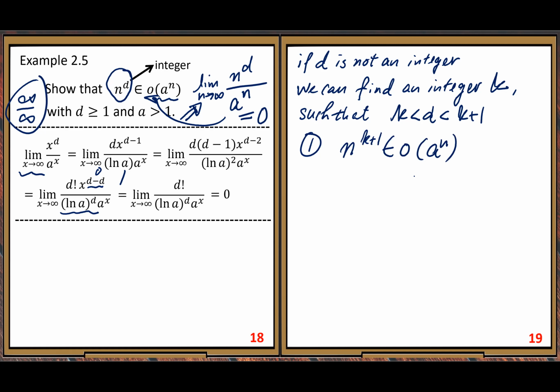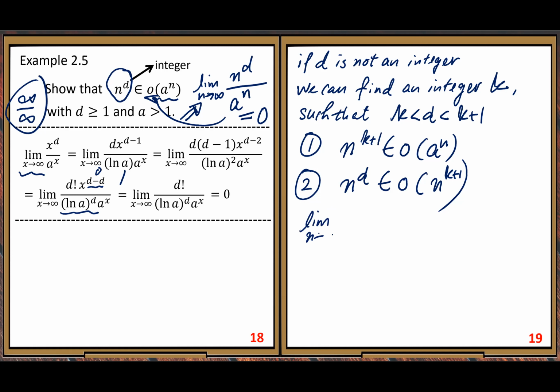That's just our integer version of this question, k plus 1. Second result, can you see n to the d belongs to big O of n to the k plus 1? Can you see that? To see that, it's very easy.